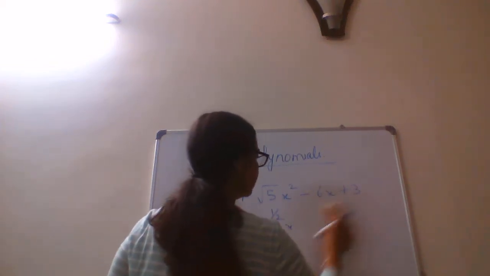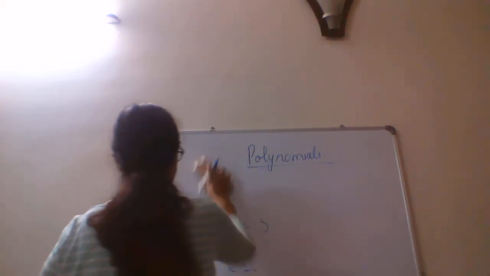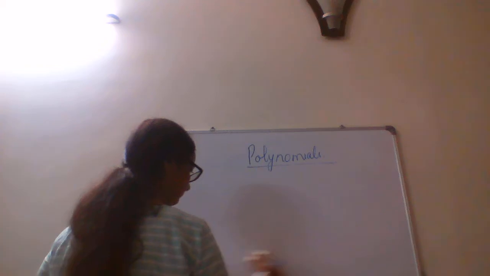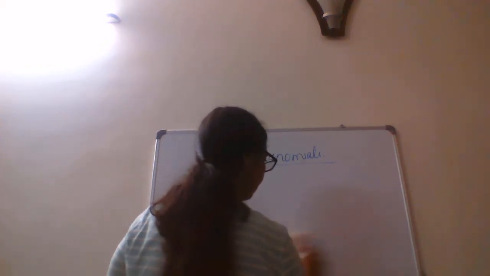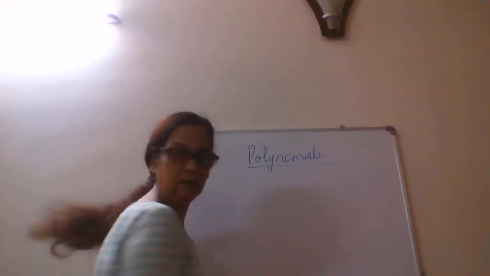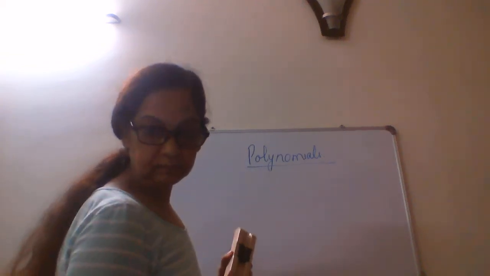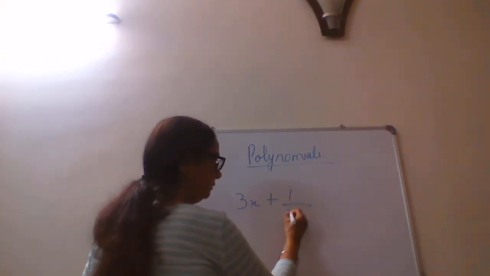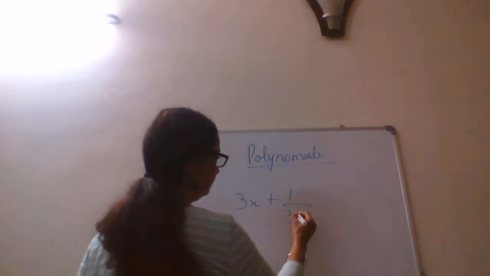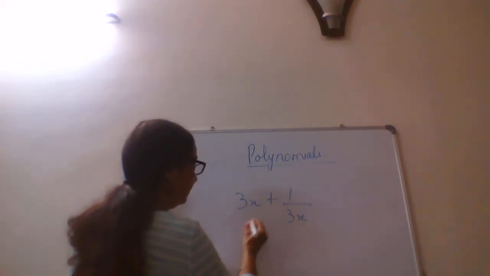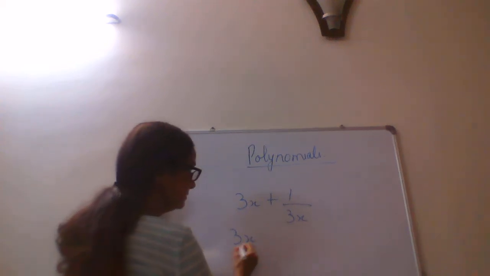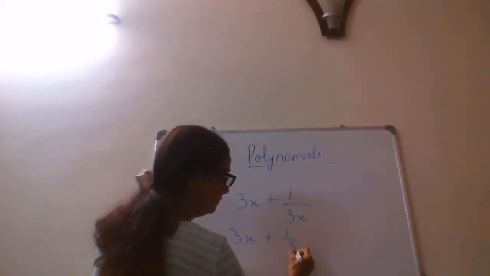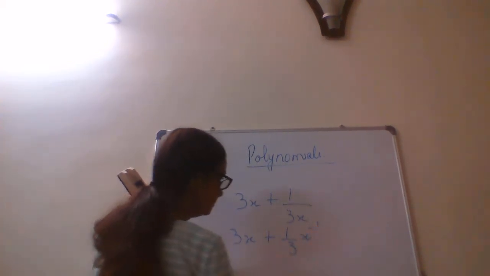Let me take one more example for you. I'm taking 3x plus 1 upon 3x. Now we can rewrite it as 3x plus 1 upon 3 times x raised to the power minus 1.